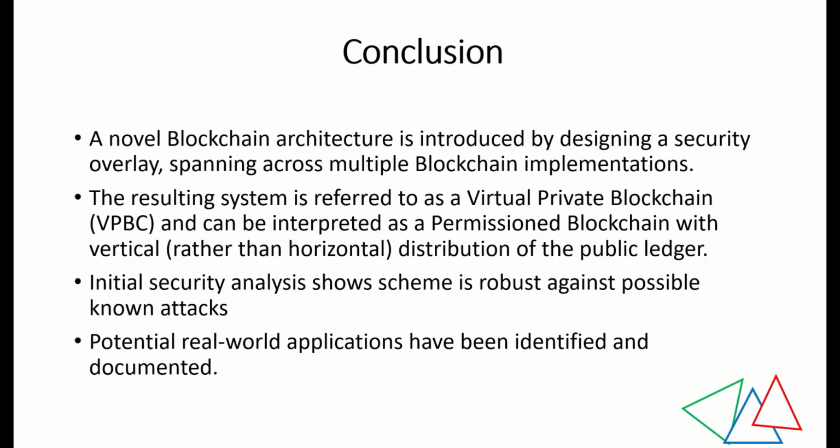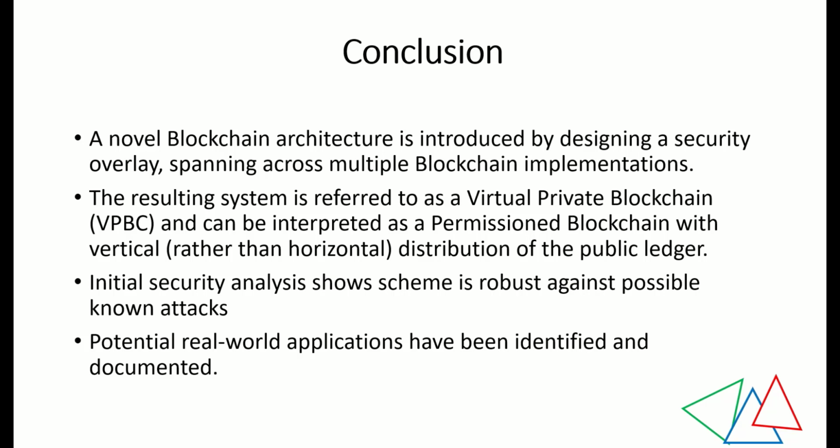In conclusion, we would like to go over the main points of this presentation today. We started with introducing a novel blockchain architecture, which was by design a security overlay spanning across multiple blockchain implementations. And we also discussed the resulting system, which we termed virtual private blockchains.